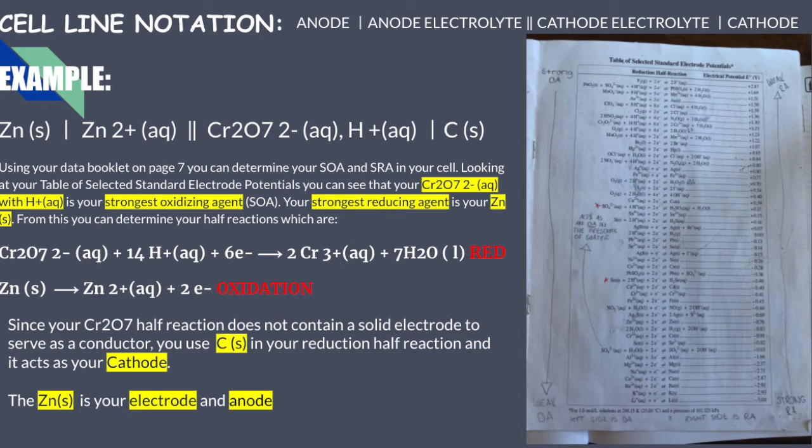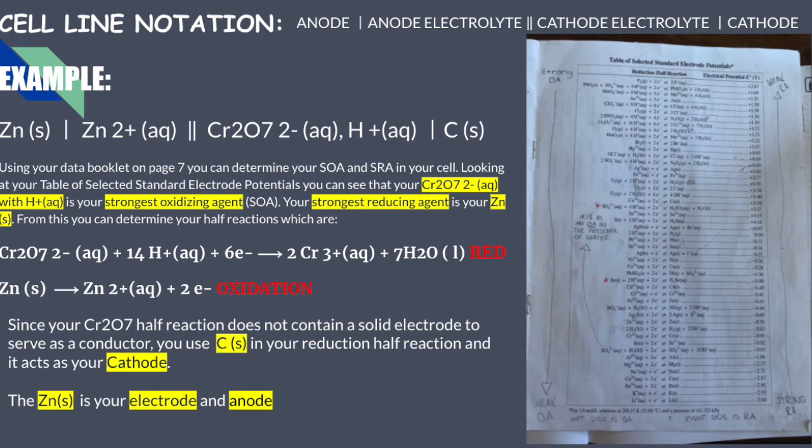From this, you can determine your half reactions, which are dichromate plus 14 hydrogen aqueous plus 6 electrons, turning into 2 chromium 3 plus and 7 waters. And that is your reduction reaction. And your oxidation reaction is zinc solid, which is turning into zinc 2 plus aqueous plus 2 electrons.